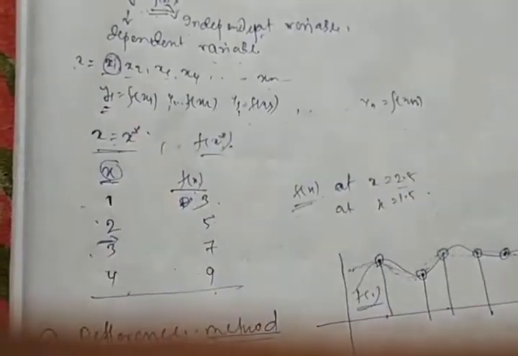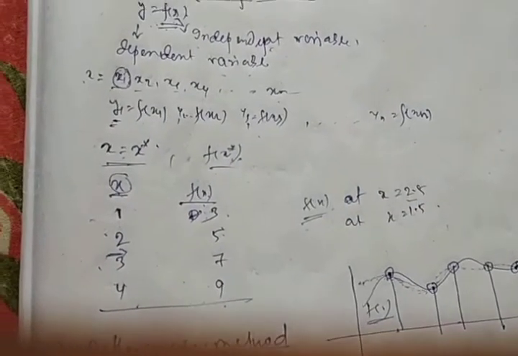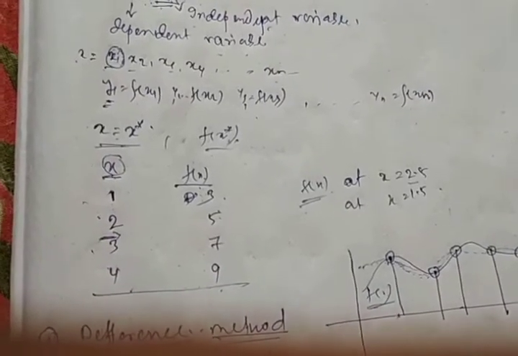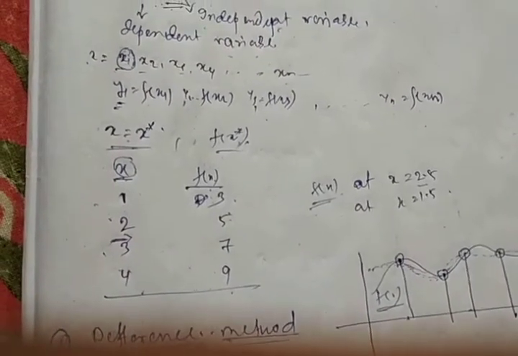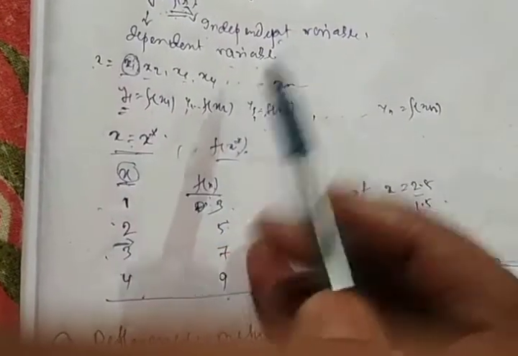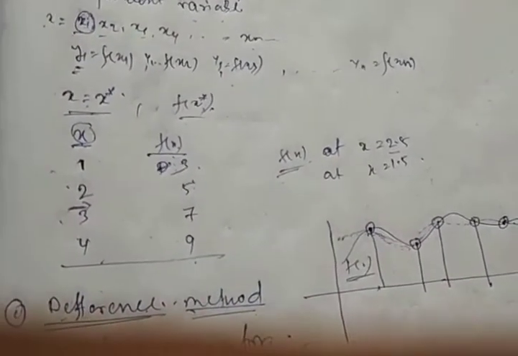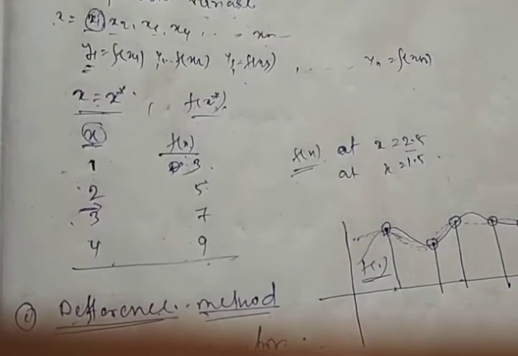In this case, the given data will be called in equidistance form. If they are not in equidistance, then we will use a different method. So first we will discuss the equidistance case.